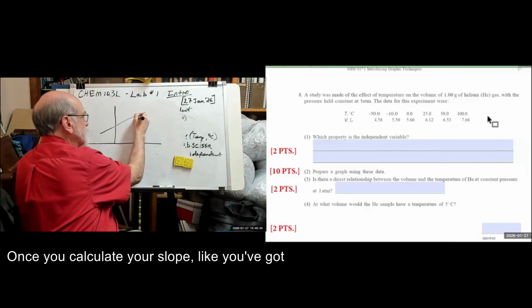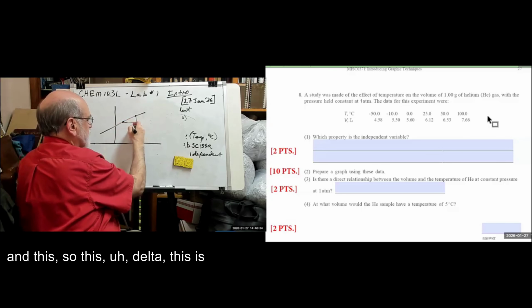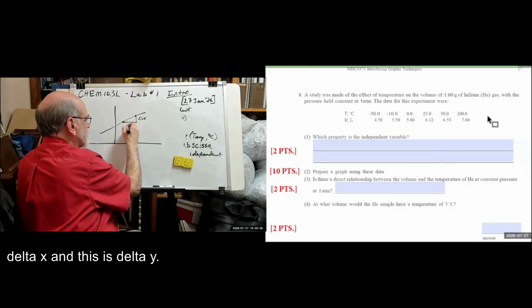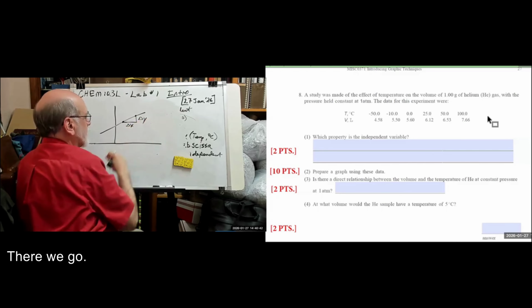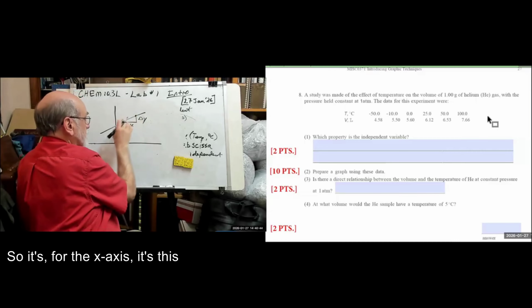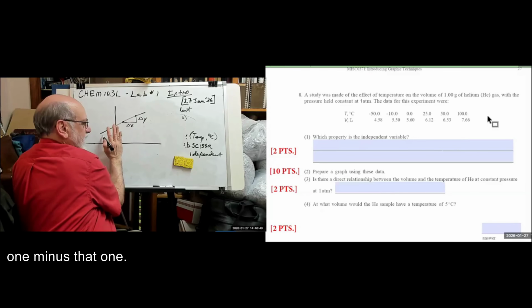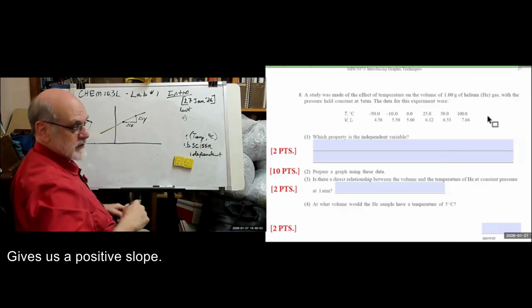Once you calculate your slope, like you've got 2 points here, and you go like this and this. So this is delta x, and this is delta y. So for the x-axis, it's this one minus that one. For the y-axis, it's this one minus that one.